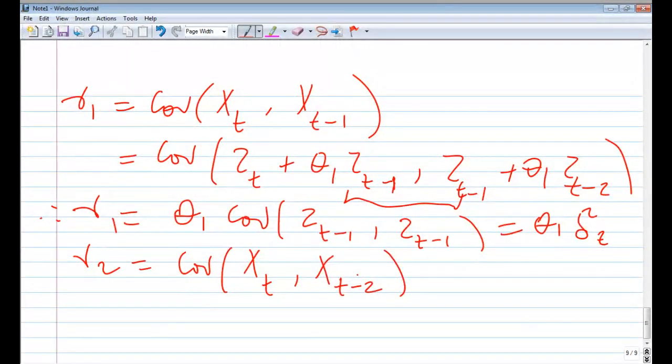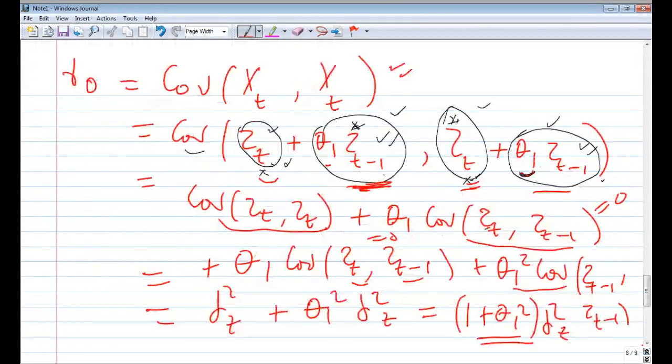Sir, can you please explain the previous step before you go to gamma 2? For the previous step, I said I'm going to skip another step. If you still remember, let me just go back again here. You see this step here, this one. This is the one that I have skipped because it's too long.